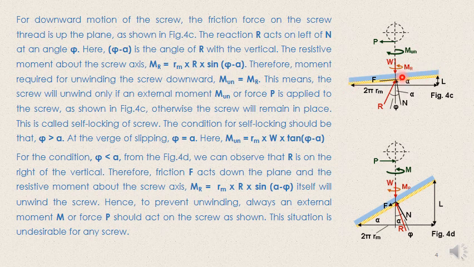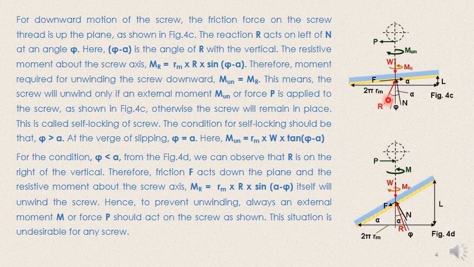The same figure I have drawn, but because this strip is moving in the downward direction, the friction force will automatically act in the upward direction. So if the friction force is in the upward direction, this R vector goes onto the left side of this vertical line.